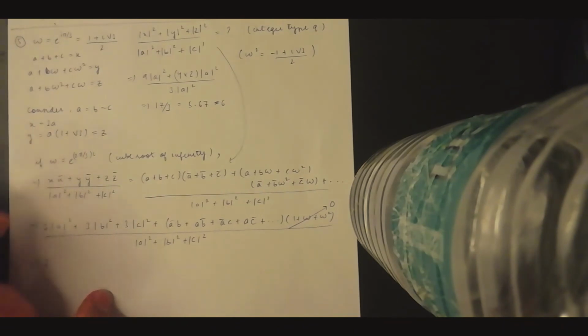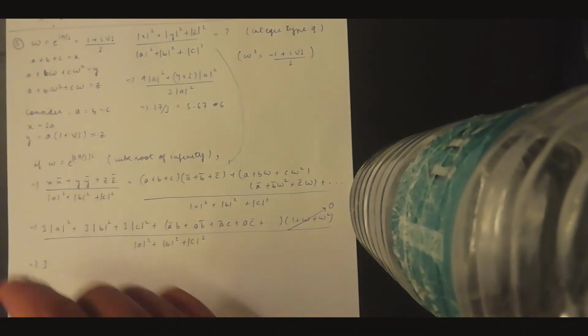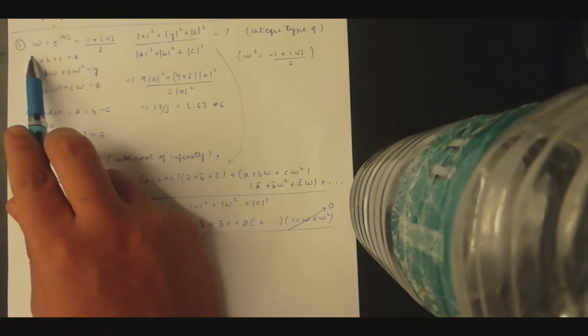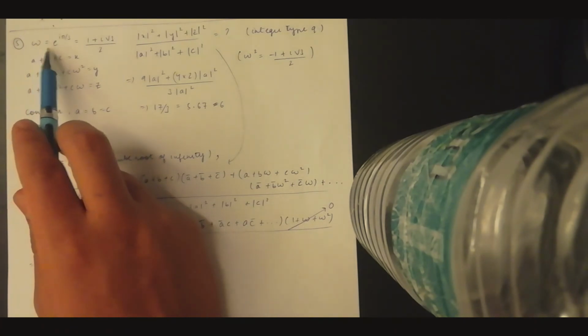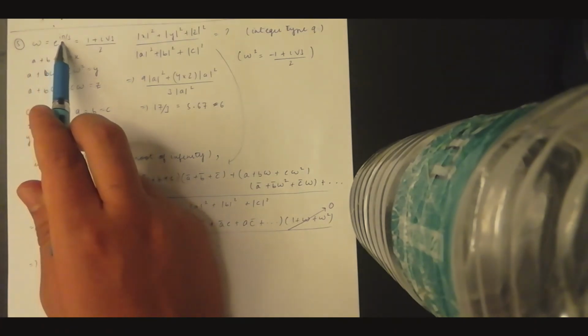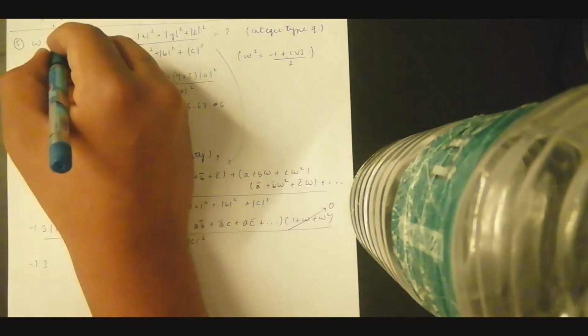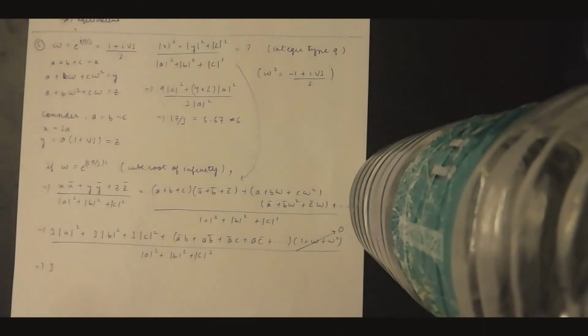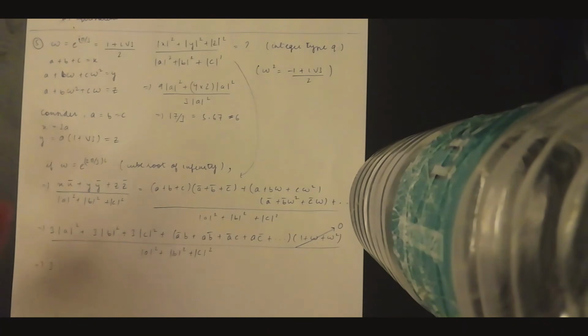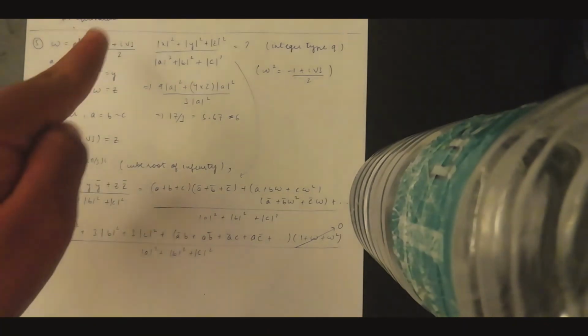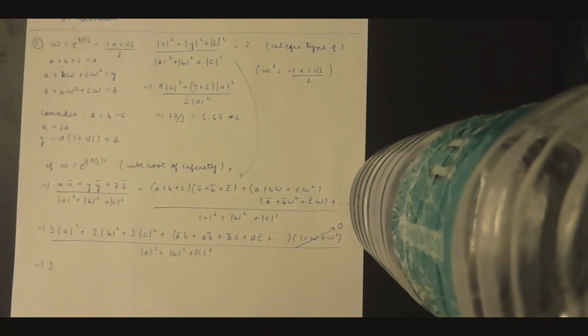Okay, now in the last question it is given that omega is e to the power i pi by 3. Okay, now this is the question, and i pi by 3 basically converts to this, 1 plus i root 3 by 2.